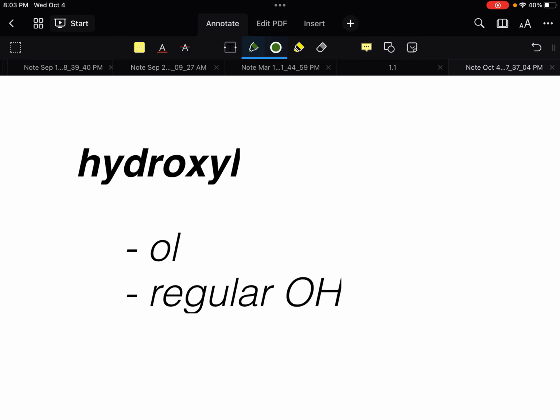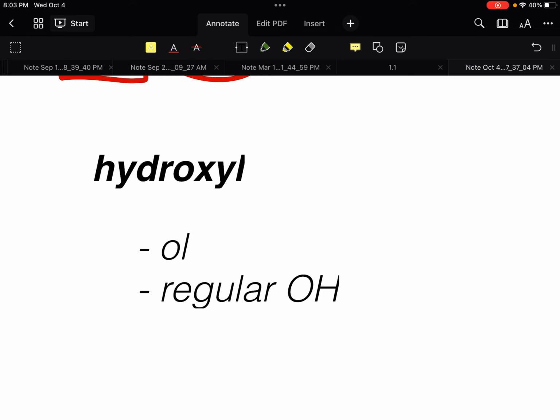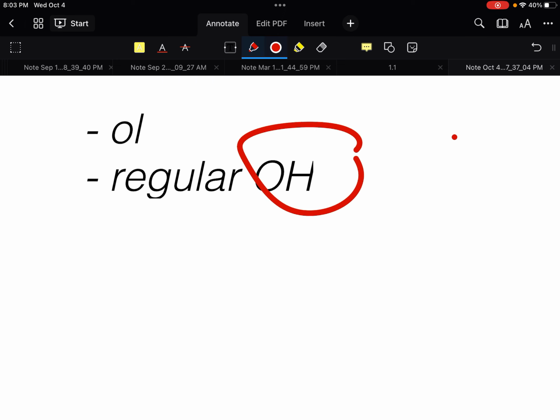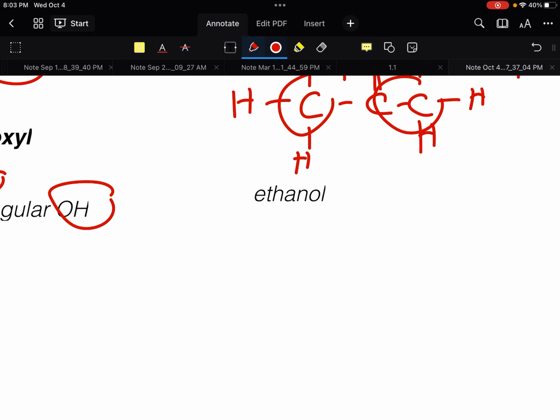Okay. Hydroxyl groups. This one's your good old alcohol group. This will be your regular OH at the end. So anything that ends in OL, so let's say ethanol or butanol or methanol. All right, so let's do ethanol.